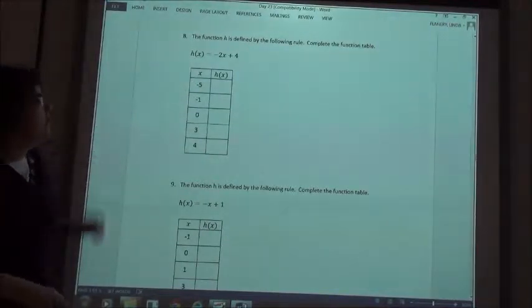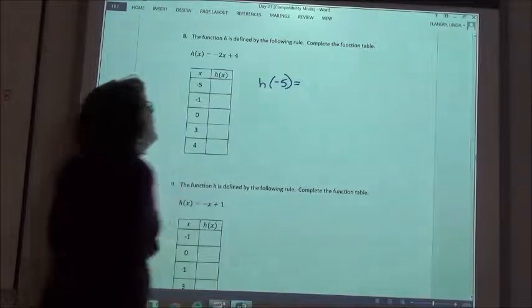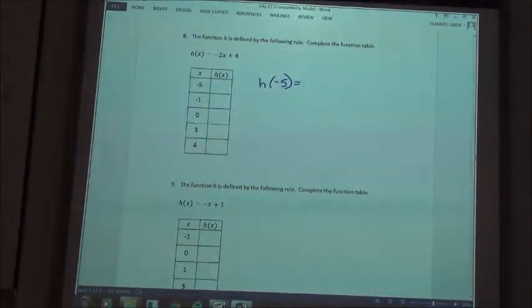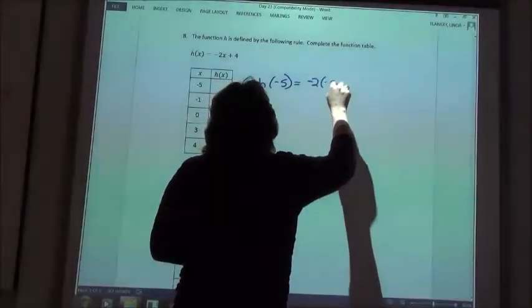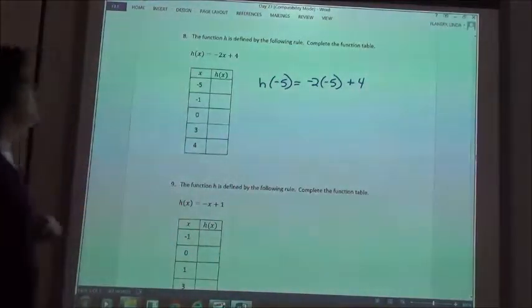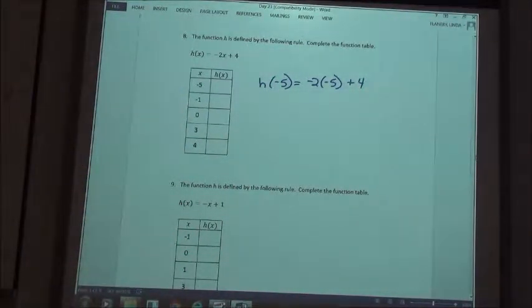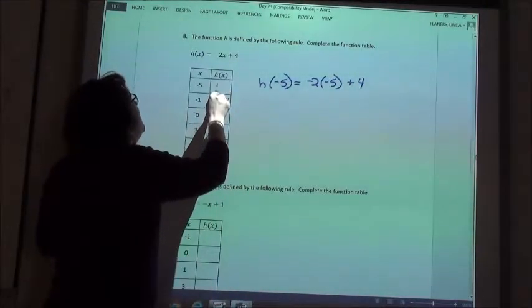So, number 8. We're going to start and figure out what h of negative 5 is. So on h of negative 5, what are you going to do? Negative 2 times negative 5 plus 4, which gives us an answer of? 10 plus 4, which is 14.